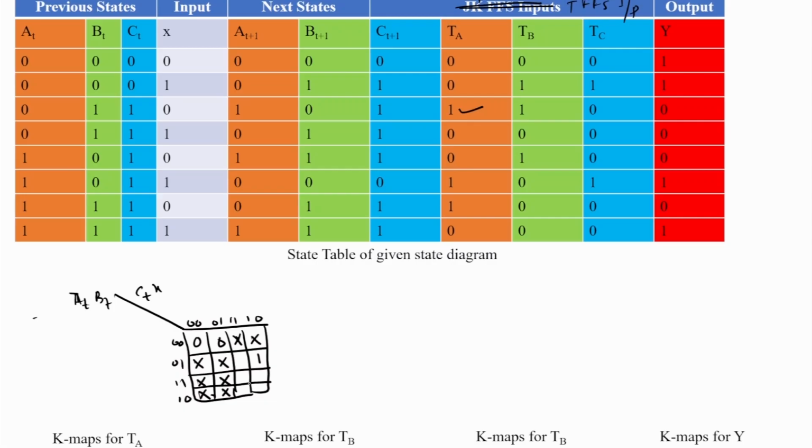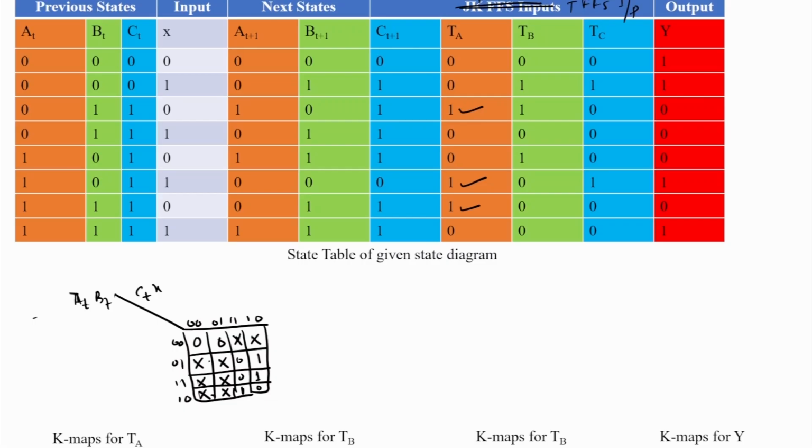Another combination is 1011, this is 1, and again 1110, this is 1, and the rest are 0.